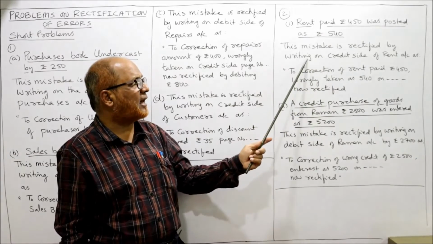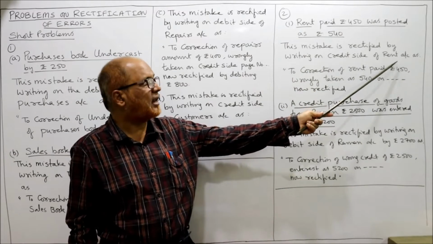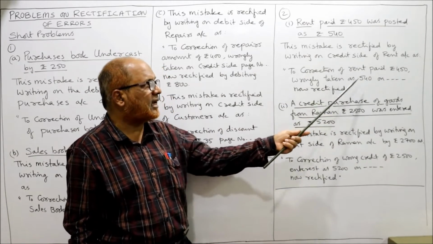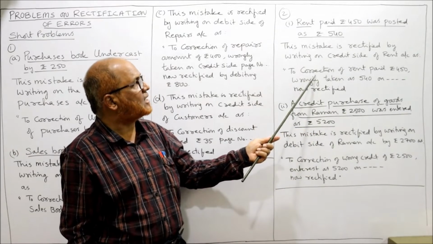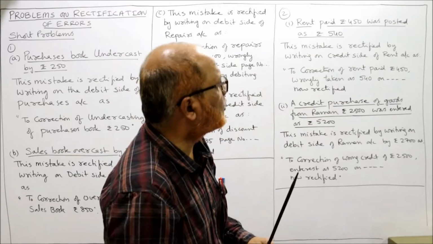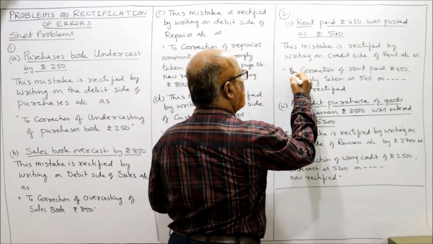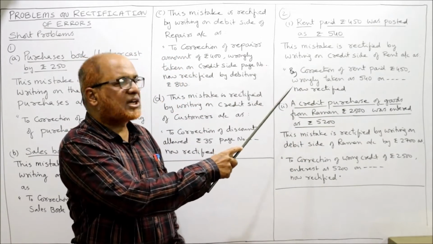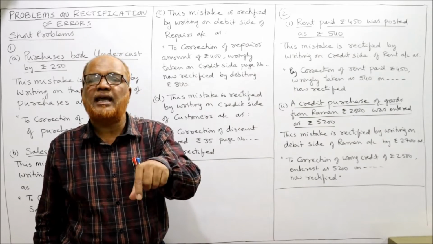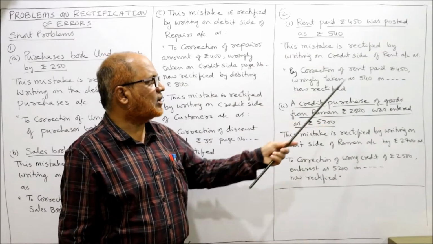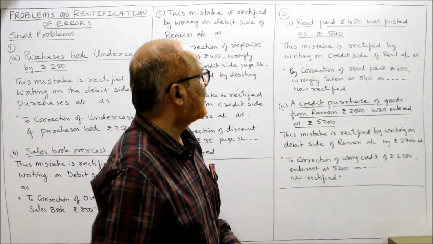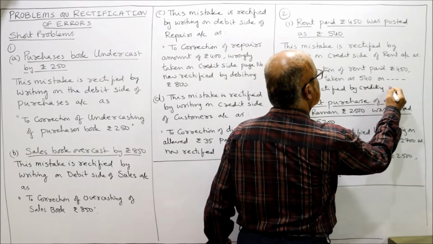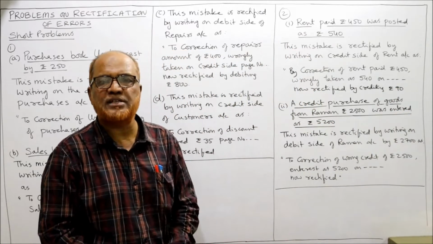So this mistake is rectified by writing on the credit side of the rent account: "By correction of rent paid 450 wrongly taken as 540, page number so and so, now rectified by crediting rupees 90." Since we are writing on the credit side, instead of "To" we should write "By". That's it.